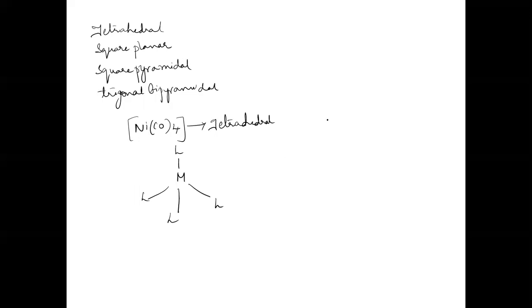And the other, which is possible for PtCl4 2 minus, the geometry seen is square planar. How does the square planar look? I'll show you. This is square planar, all arranged in one plane.